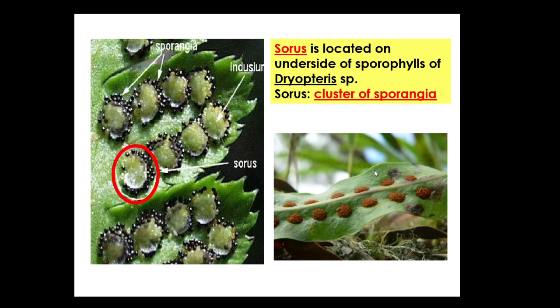For ferns, it has sorus located on the underside of its sporophylls, Dryopteris species. Okay, so these sorus are clusters of sporangia. Dia banyak sporangia, dia kumpul-kumpul macam ni dalam structure macam ni. Satu structure macam ini dia dipanggil sebagai sorus.